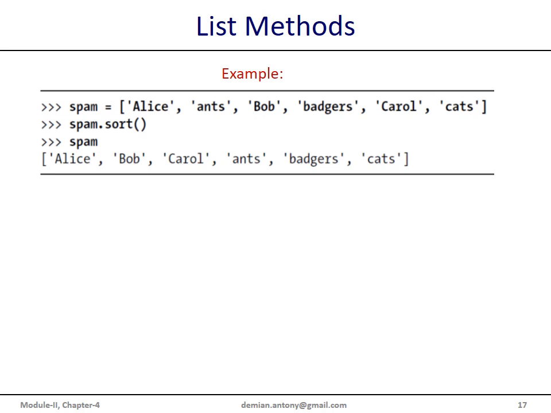Let us take up the example for note 3. We have a list spam having strings with the first letter capital A, capital B and small letters, etc. And we apply the sort method on this list, and once we print this list after sort, you can see Alice finds the first place and Ants finds the fourth place.